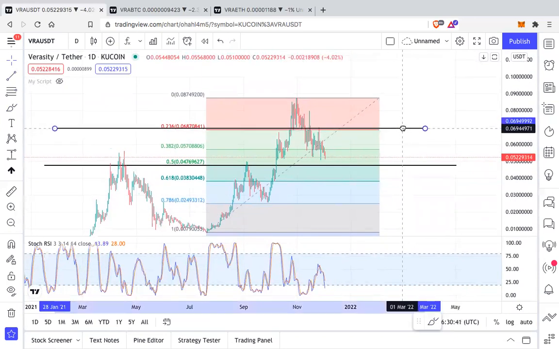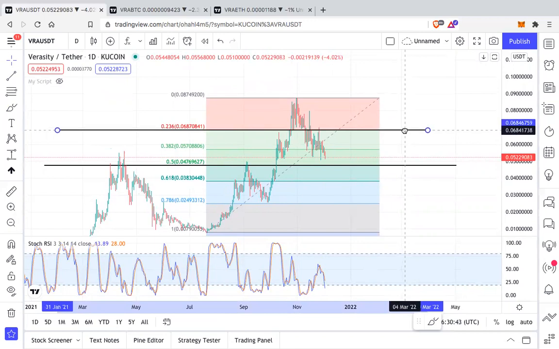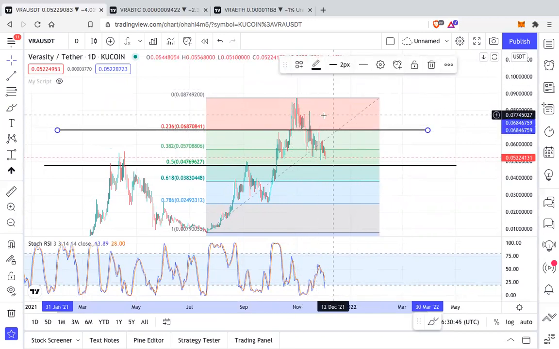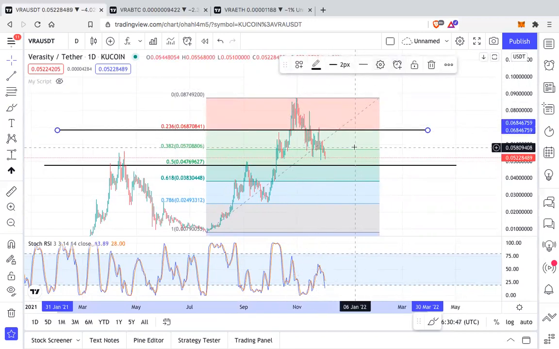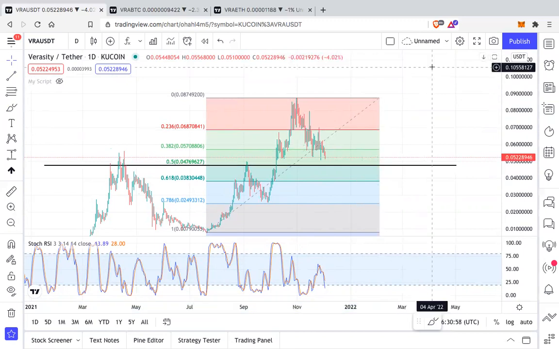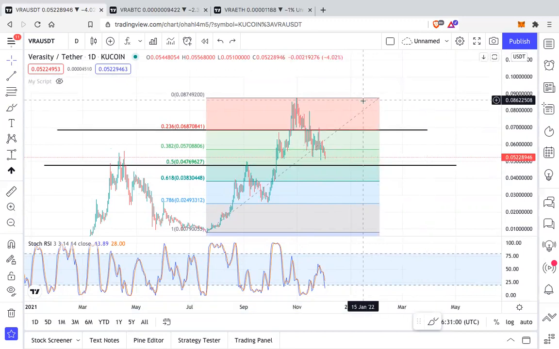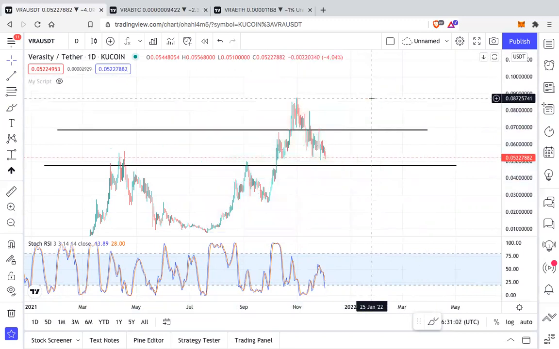As I told you, I wanted to flip 6.8 into support. Anything above 0.236 is extremely bullish. Anything above 0.382 is still bullish. Anything above 0.5 is still bullish. So 0.5 is at 4.7 and we are above it. So I think the trend is intact.